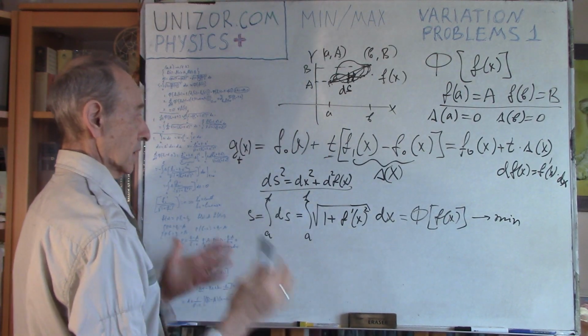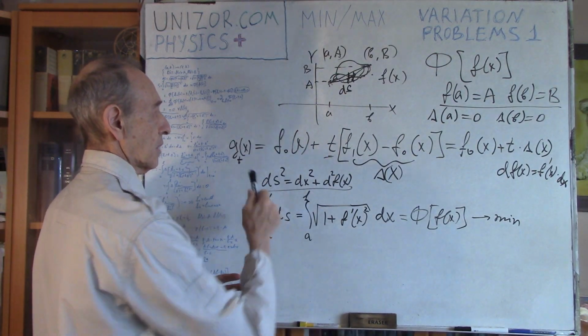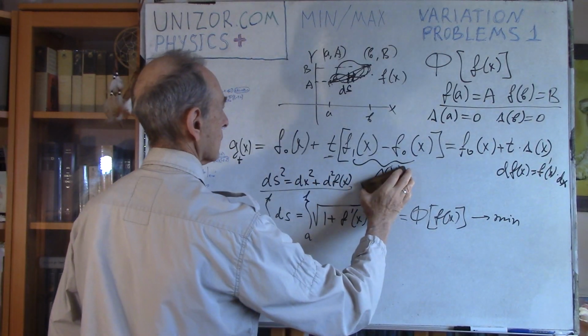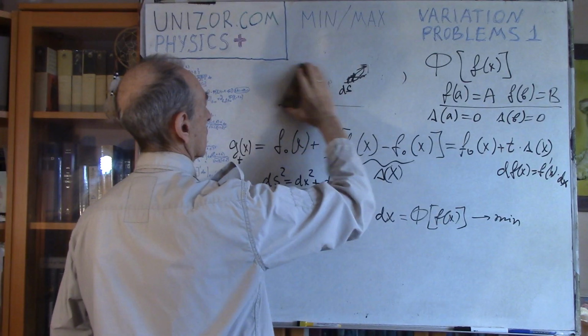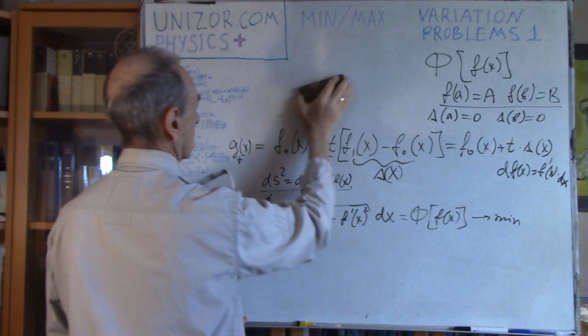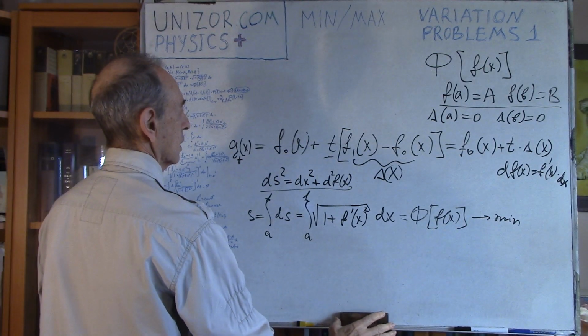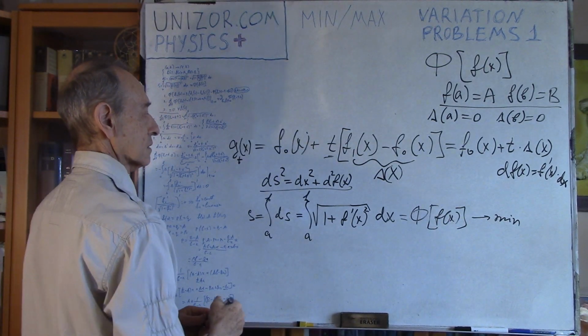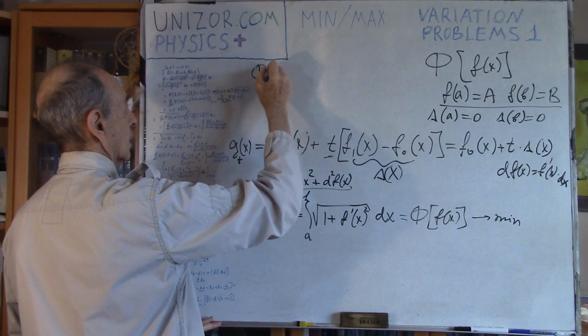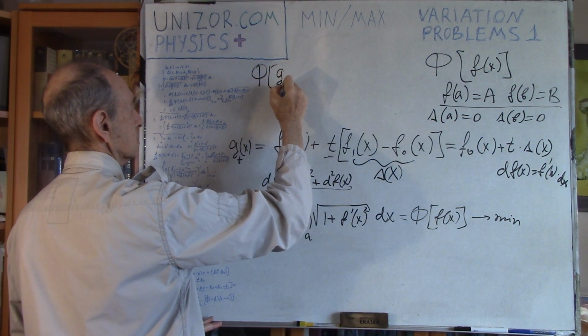Okay, so again, let's do exactly by the book. First, we have to construct this function and take the function now of g_t of x.